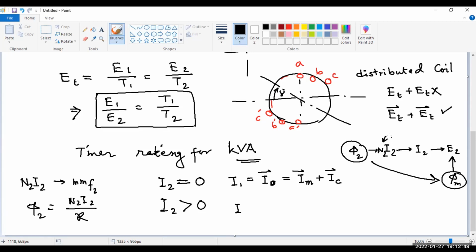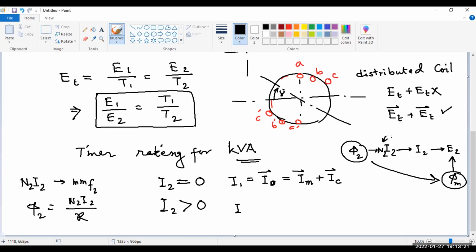Now, how is this secondary MMF generated? Previously also there was some number of turns, but there was no MMF. Why is this MMF generated? Because there is a current in the secondary coil. So I2 is the immediate cause of this MMF. Now, how does this I2 flow in the circuit? Because of the E2 voltage in the secondary coil.